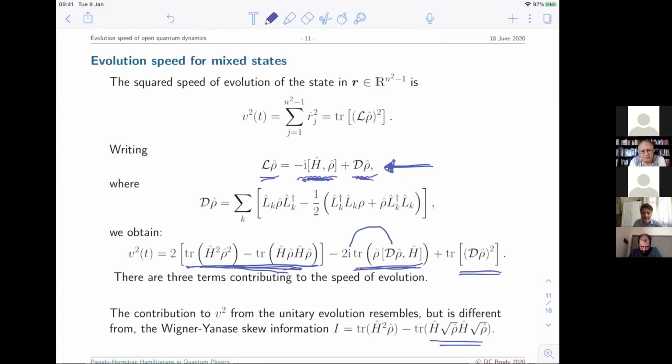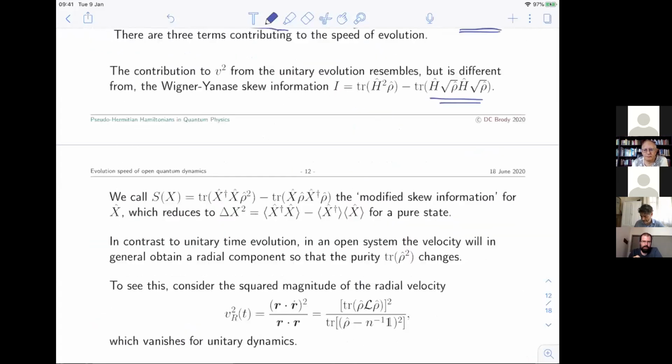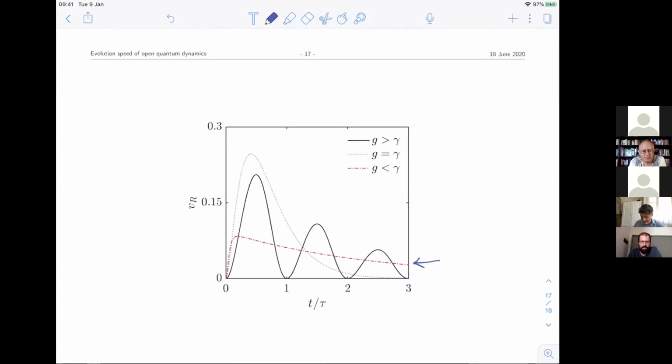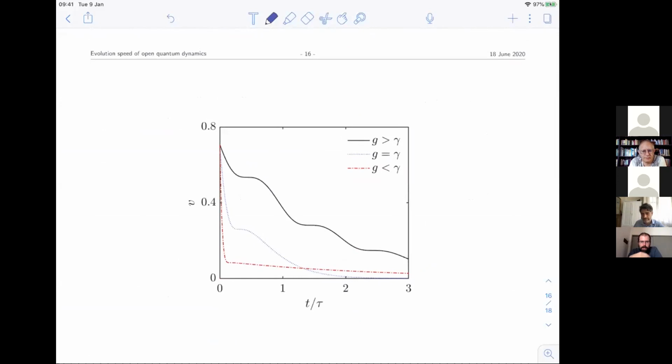Yes, it's real. And then maybe, if I can, just one last question. In one of the last plots that you showed, where you had the velocity versus time, the previous one, I was wondering, is this transition at the exceptional point a really sharp change of behavior? Because from these three instances, it could also be a smooth transition.